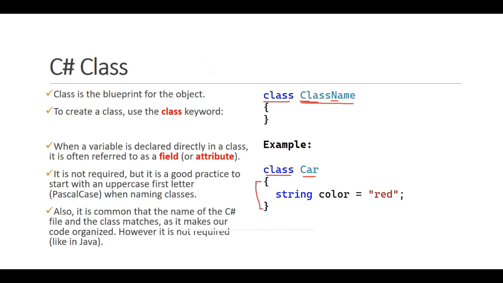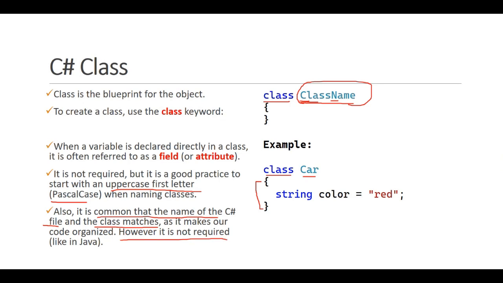Between these curly braces we write them. It is not required to use Pascal case, but it is good practice to start with an uppercase first letter. It is also good coding practice in C# that the name of the C# file and the class match, but it is not required like in Java.